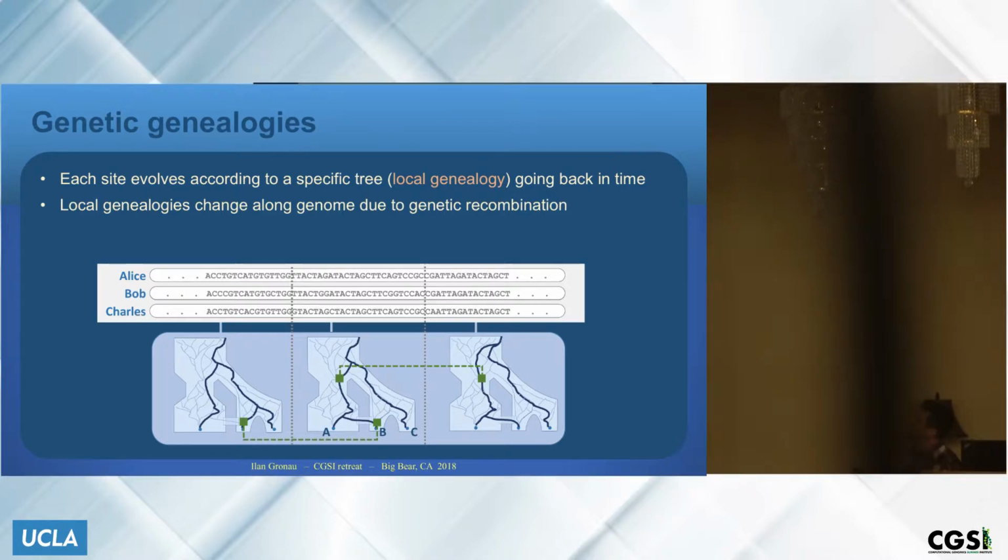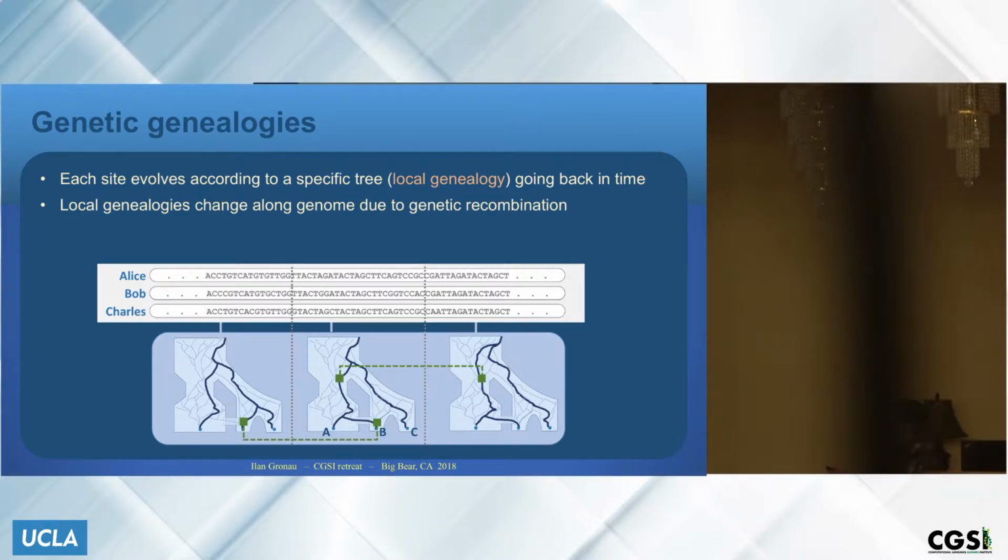And left of this recombination event, they inherited that part of the chromosome from their father, right? So that single switch will lead to a completely independent lineage going back in time, and now you're going to sample a different lineage up here. So left of this point, you get this lineage that coalesces at this more recent point with Charles, and here you get an early coalescence with Alice.